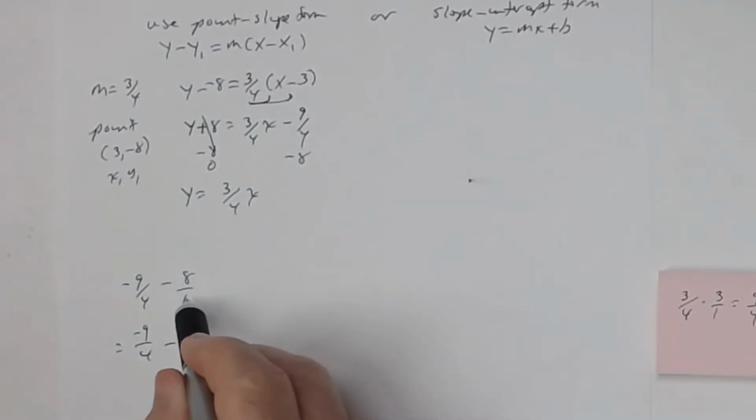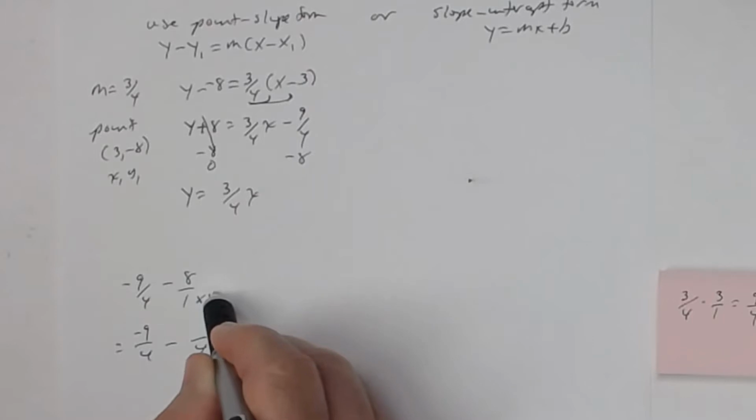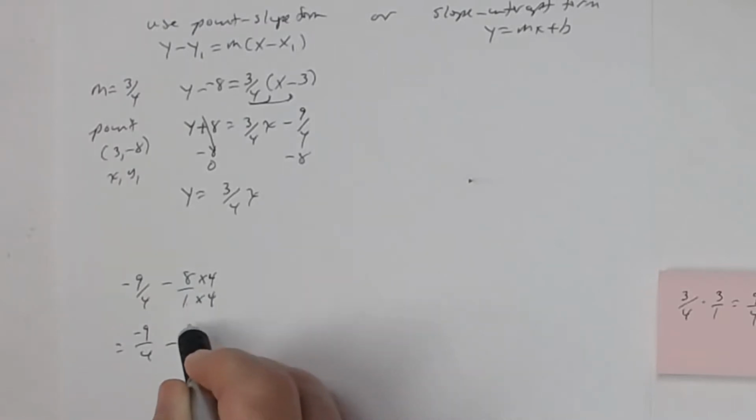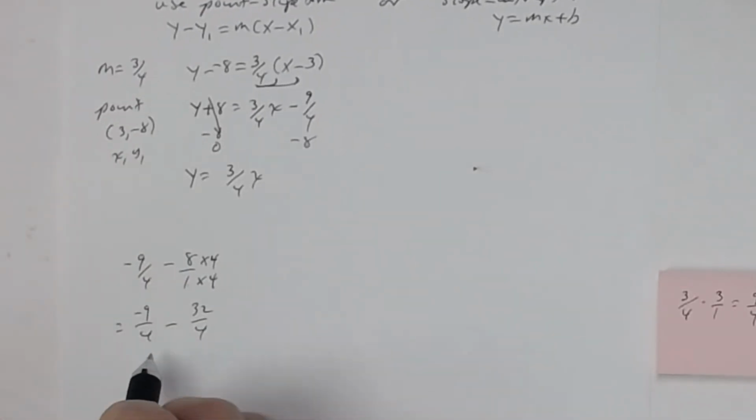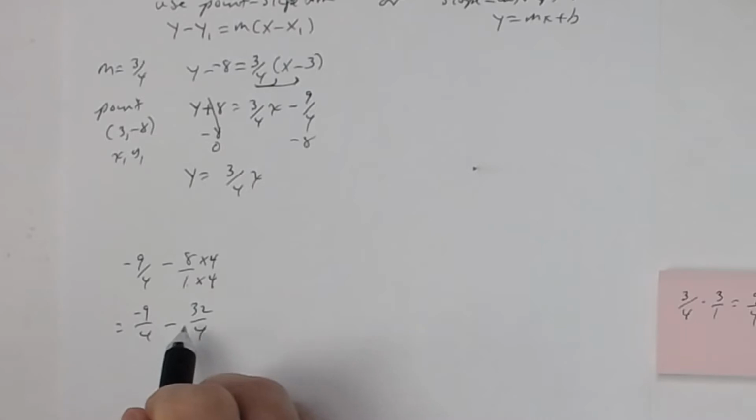Right now, my denominator is 1. To get that to be a 4, I need to multiply 1 by 4. And what I do to the denominator, I do to the numerator. So 8 times 4 is 32. And so you have -9/4 subtract 32/4.